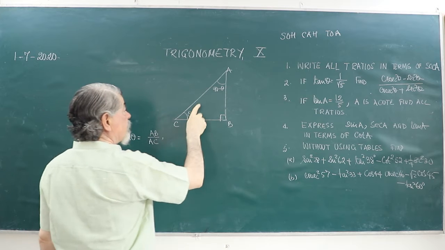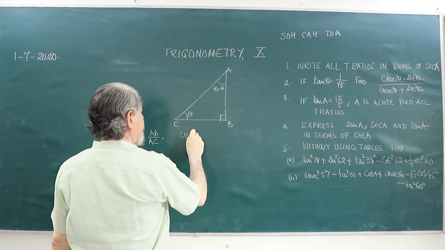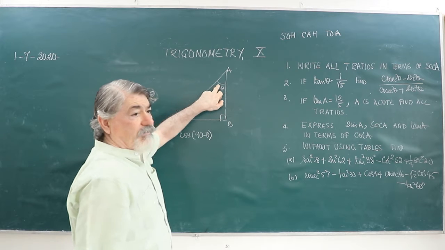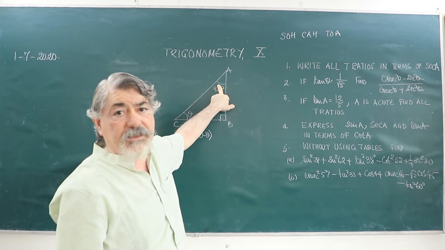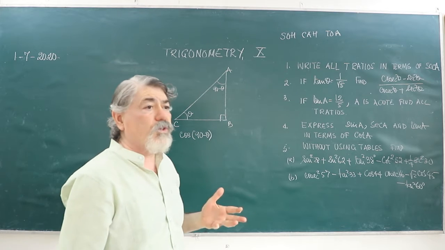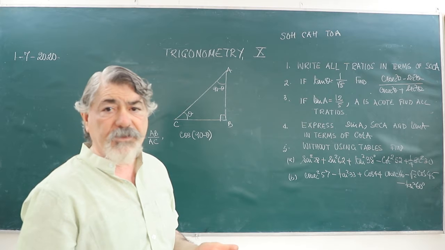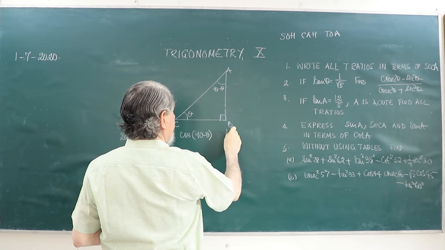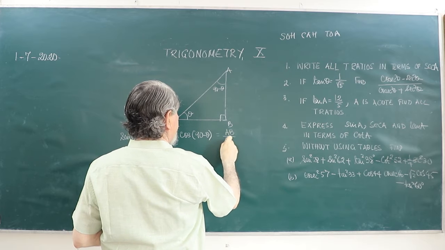Suppose I calculate cos 90 minus theta. That means I take this as the reference angle. So cos 90 minus theta will be base upon hypotenuse, where base will be AB and hypotenuse will be AC.